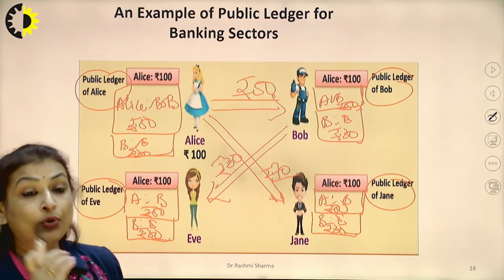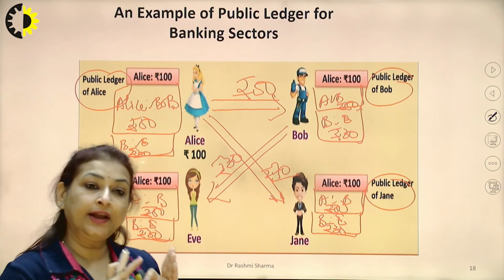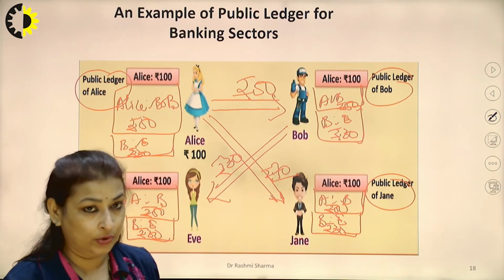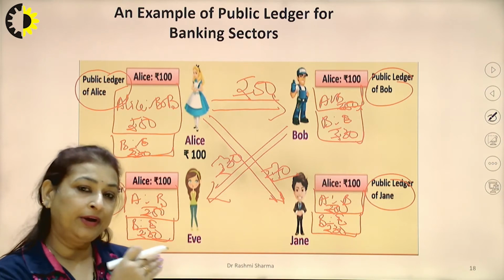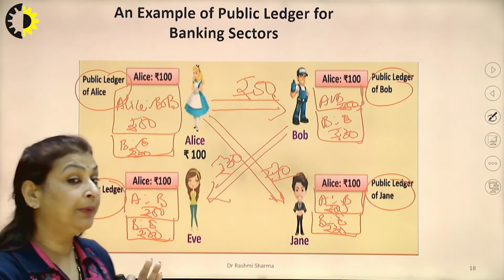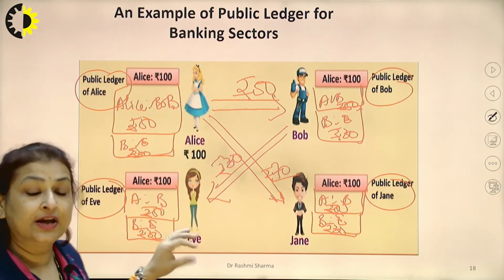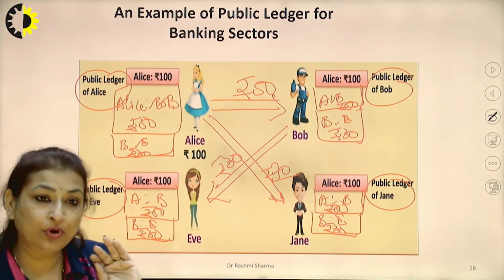So each and every user has a local copy of the public ledger. If a transaction is done, then that transaction entry is made in each and every copy. Here we have taken an example of only 4 users.